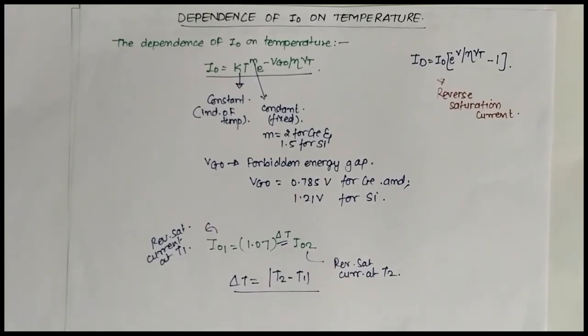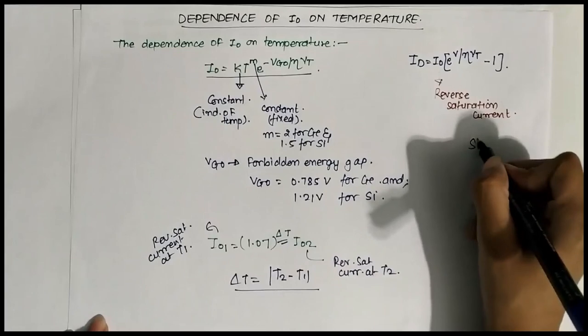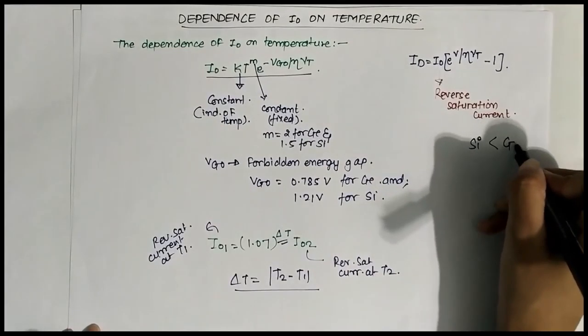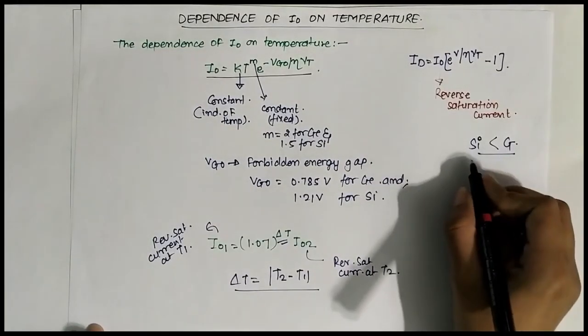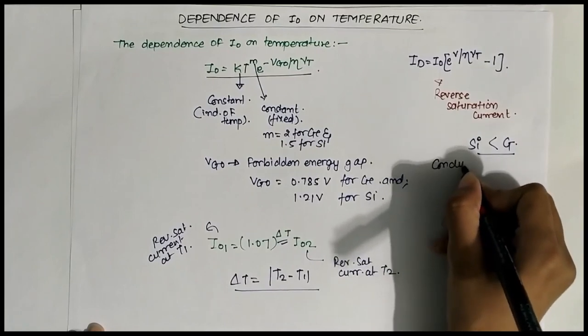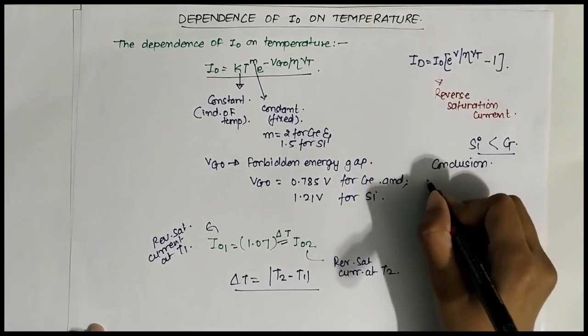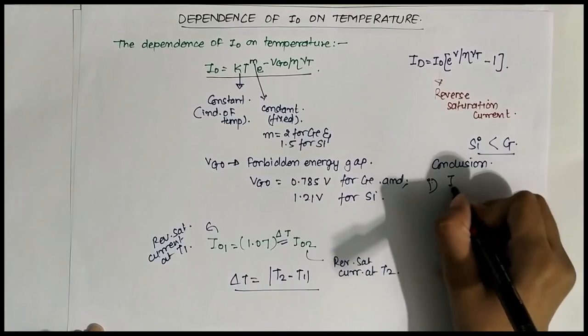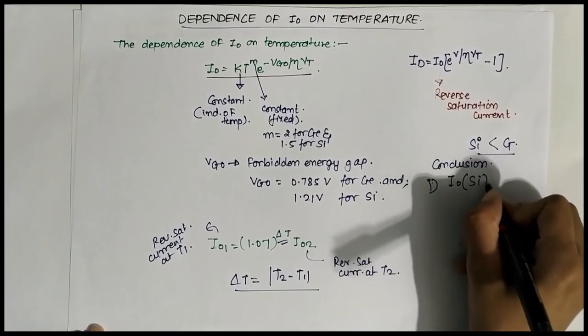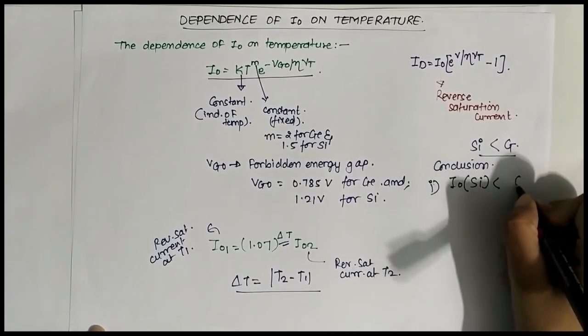Now what can we conclude from here? First, the reverse saturation current I0 for silicon diode is lower than that for the germanium diode.